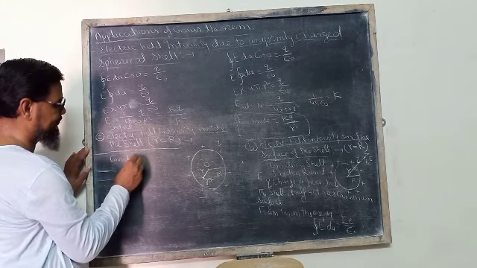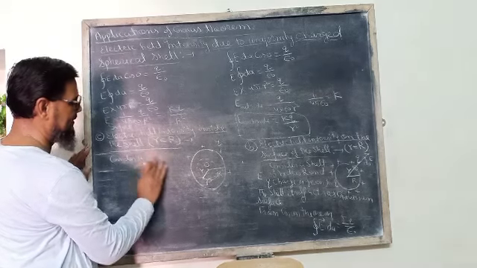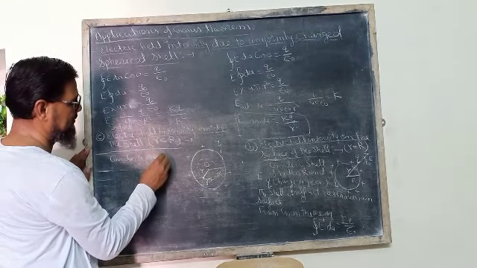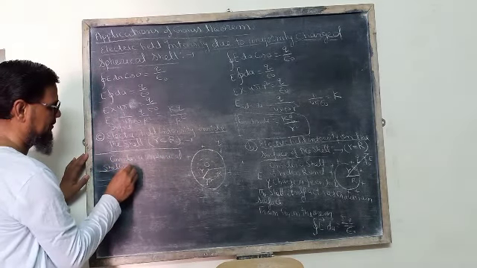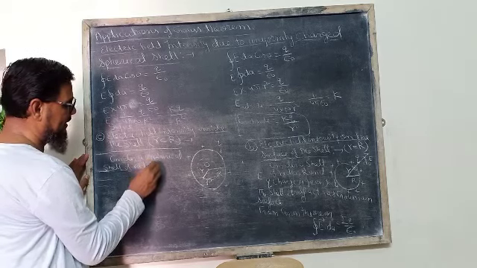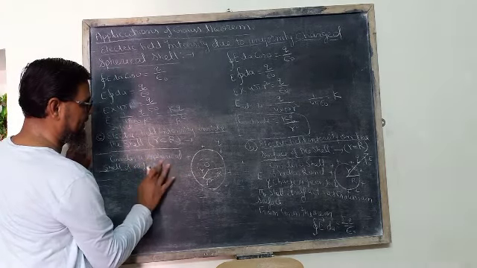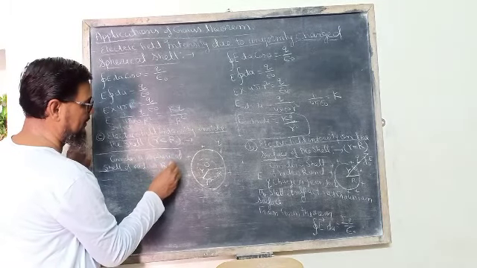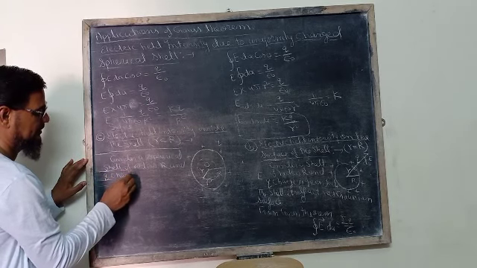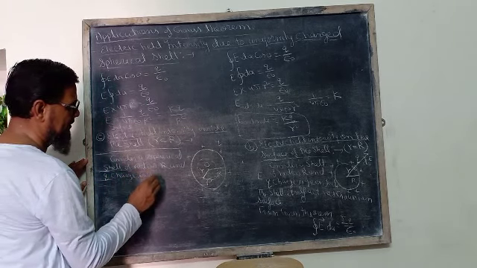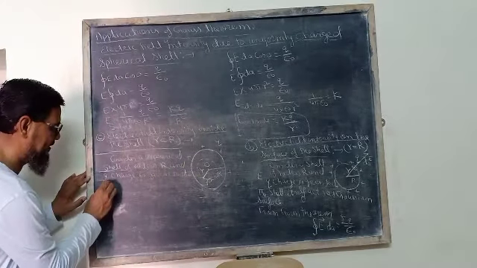Consider a Gaussian surface. Consider a spherical shell of radius R, and Q charge is given to it.